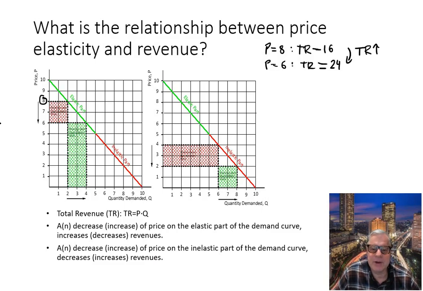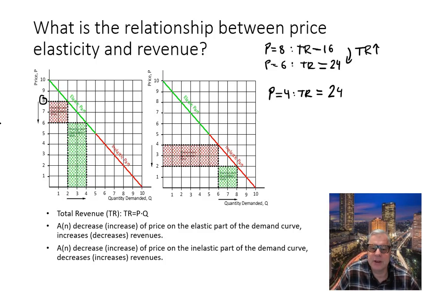But now what happens if you lower the price from, let's say, 4 to 2? So you operate on the inelastic part. If the price is 4, then total revenue is 4 times 6, 24.